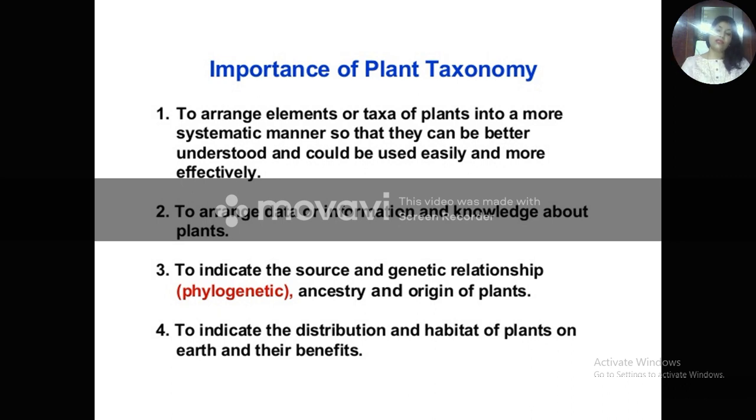In that process, it also takes note of the ancestors of the plants, both living as well as fossil. And overall, it indicates the distribution of plants, where they are found, which types of habitats they grow in on this planet, so that they can be used for human welfare.